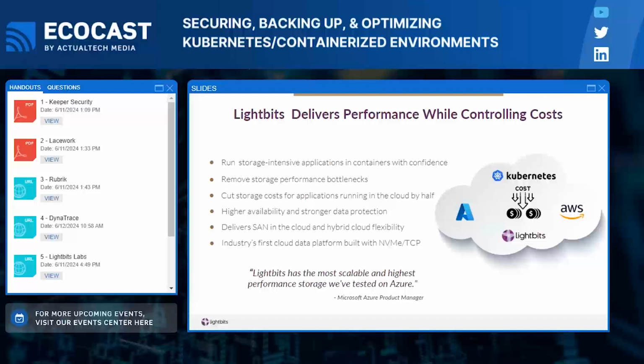We're providing you ultra high availability for stronger data protection with up to 3 copies throughout the cluster, as well as just that whole idea of having a cloud scale flexible storage solution. And we're built all on top of NVMe over TCP. So that means you don't have to change your underlying networking in order to use Lightbits.